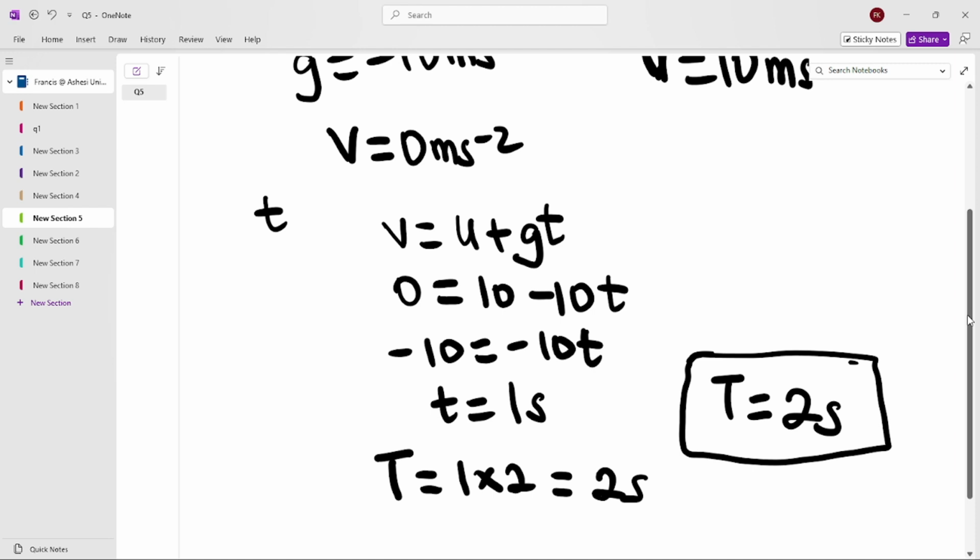When it is going up, the acceleration due to gravity is negative because it opposes the force of gravity. But when it is going down, it is positive because it follows the force of gravity. Good. So basically you're able to draw that connection between the previous type of motion and the current type of motion. Is that the case? Yes.